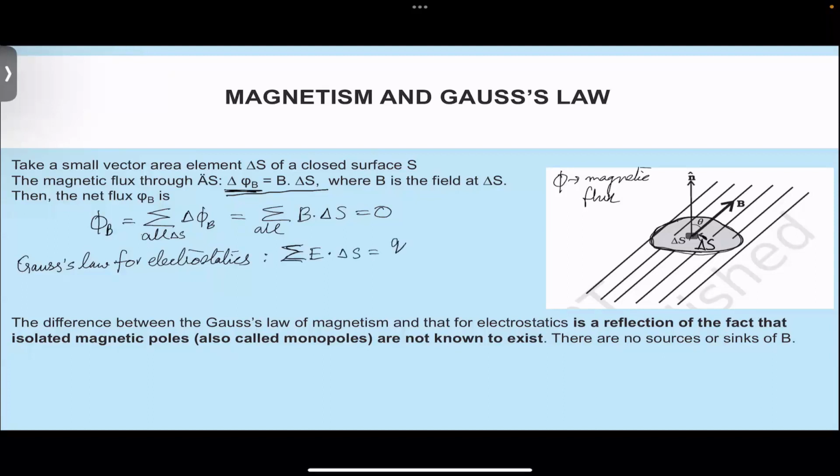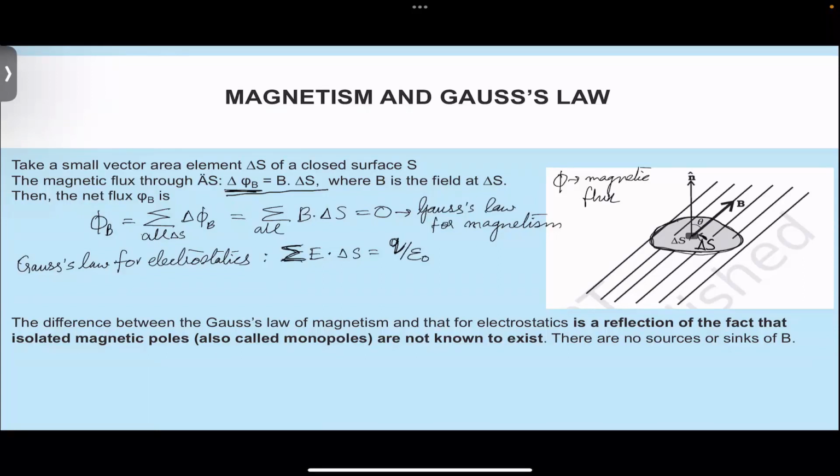It is going to be q by epsilon 0, where q is the charge enclosed by the closed surface. This is the difference we see, and this is Gauss's law for magnetism, while this is Gauss's law for electrostatics.